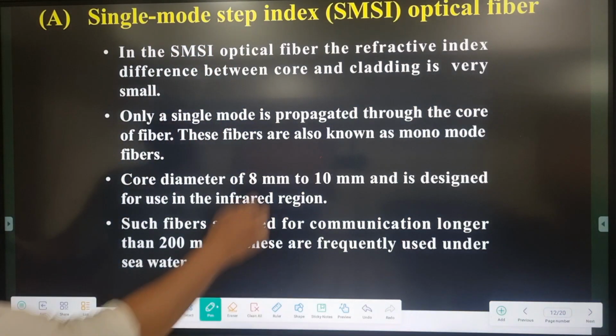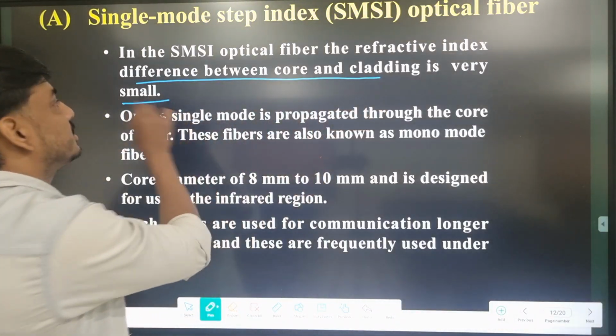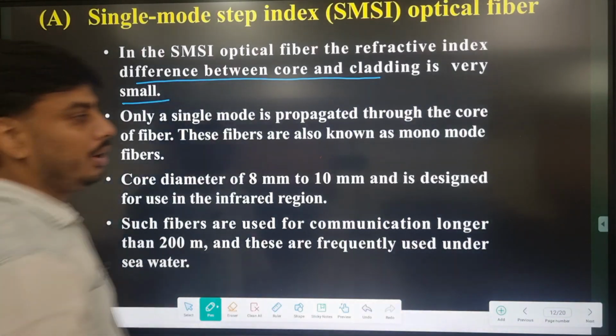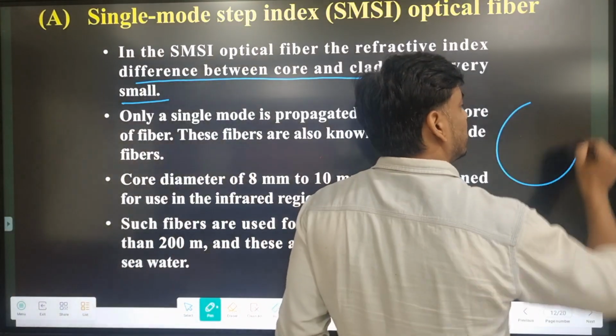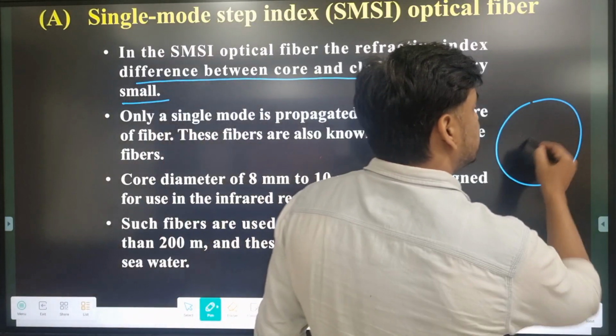So in a single mode step index optical fiber, the refractive index difference between core and cladding is very small. If we plot the graph, for example, this is the total optical fiber diameter or radius, and this is the core.